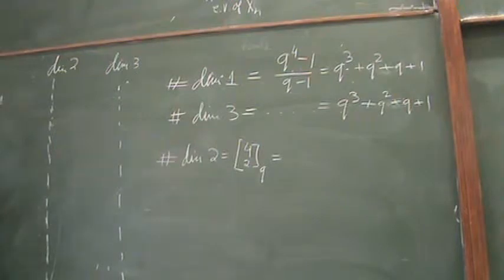How do you compute how many subspaces you have of dimension 2? You do the following. Every subspace of dimension 2 is spanned by 2 linearly independent vectors. So I first of all look at how many pairs I have of 2 linearly independent vectors.